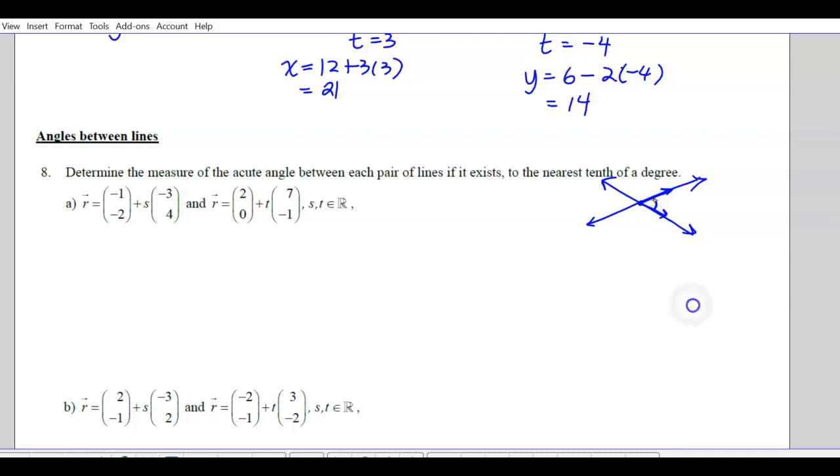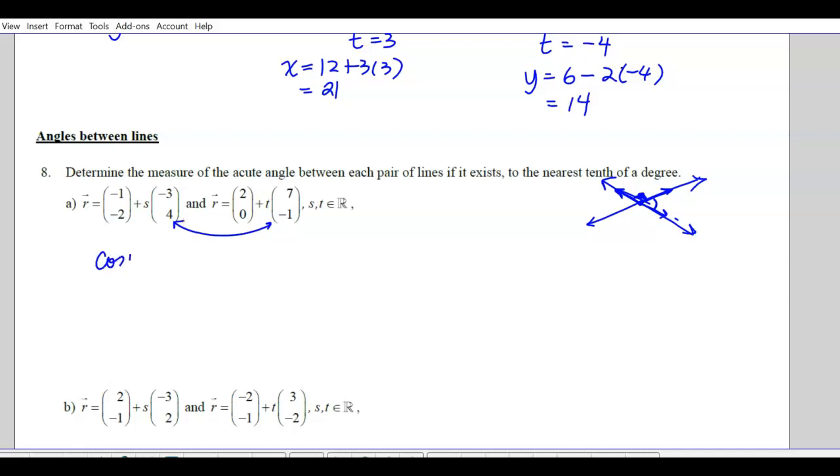If it happens to be going in the opposite direction, in the negative, then it would give you this other angle here. And that's where the acute comes in. So if you're asked for acute and you get something that's obtuse, you subtract from 180, because remember that's a straight line, so they add to 180. So here it's 2 lines, they're not parallel, so they do intersect, so there will be an angle between them. And we just use the direction vectors.